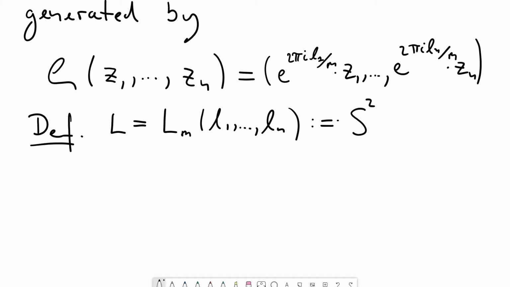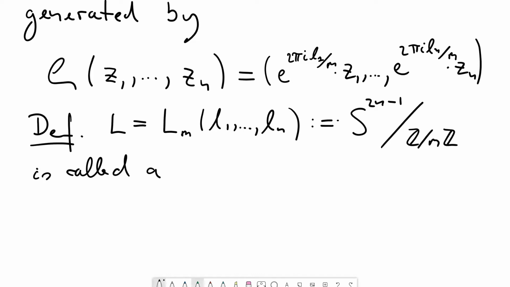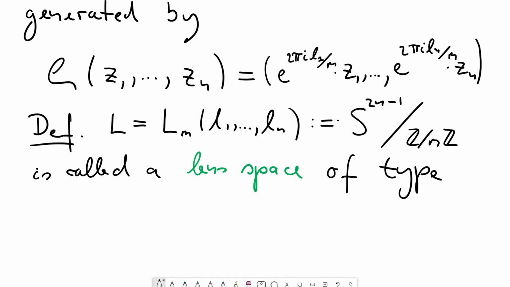And that is the 2n-1 sphere divided by this group action, so the space of orbits of this group action. And this one is called a lens space of type m, L1 until Ln.